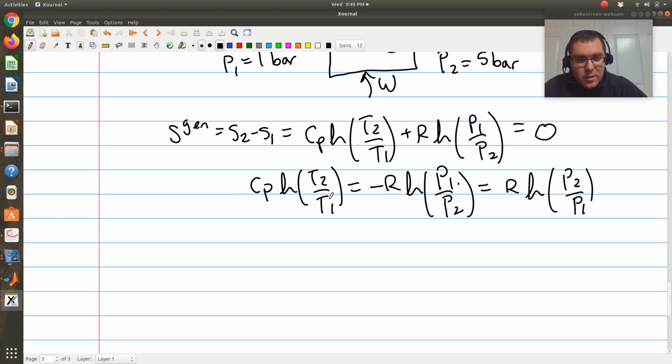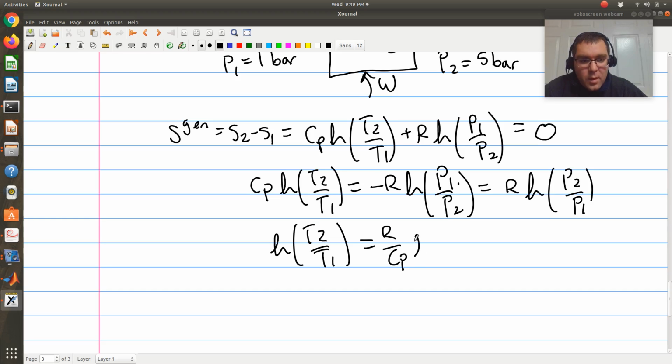So let me divide by R to make this dimensionless, and I'm going to get Cp over R log T2, and actually I take that back. I'm going to divide through by Cp because I'm going to eventually want to solve for T2. So let me write this as log T2 over T1 is equal to R over Cp log P2 over P1.